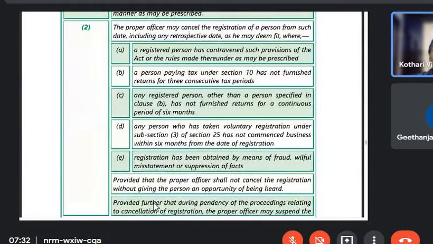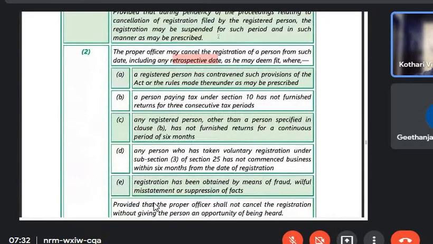The proper officer may cancel the registration of a person from such date, including any retrospective date. Now coming to the cancellation of GST by the proper officer. What are the situations in which the proper officer can cancel the registration of a person?